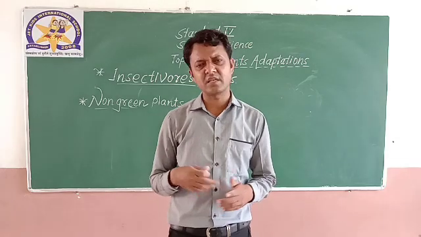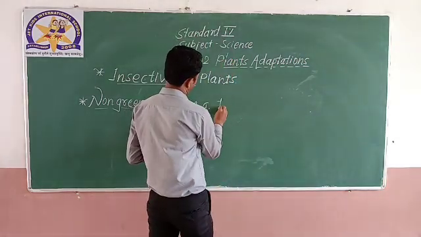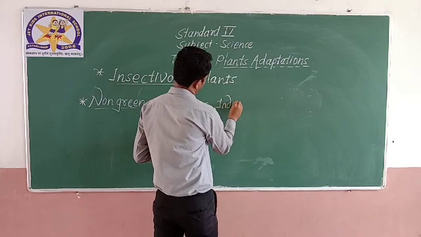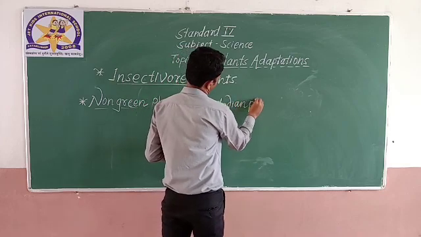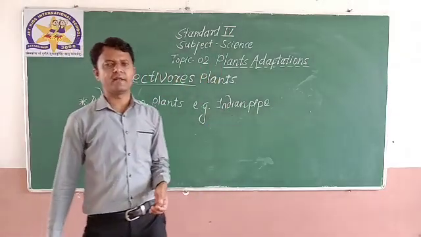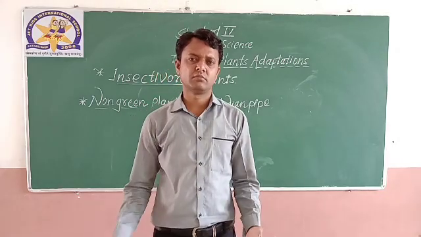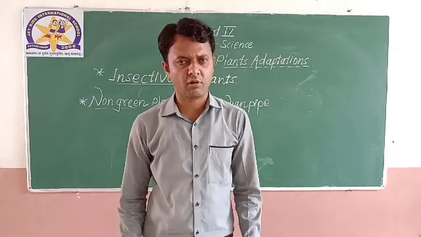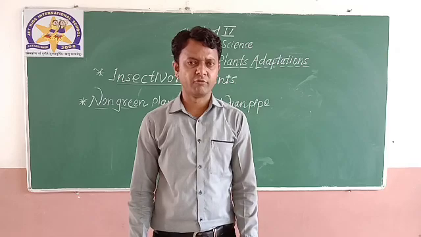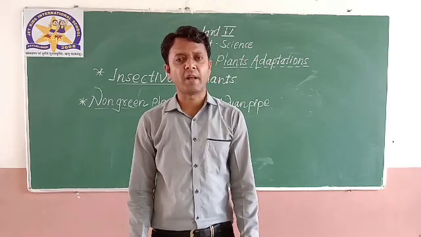Okay, an example is Indian pipe. Indian pipe is a plant which is non-green and depends on dead plants and animals for its survival, its food.